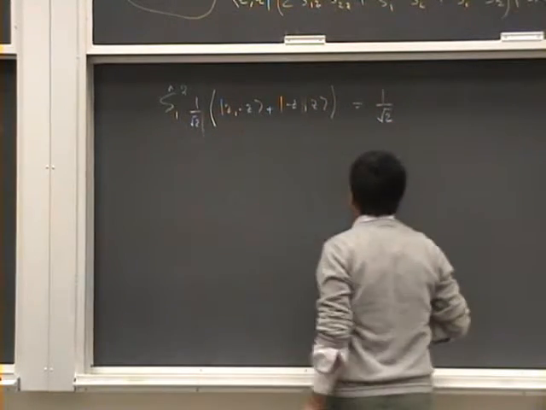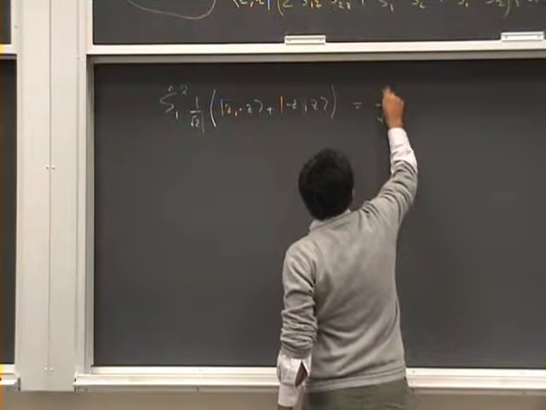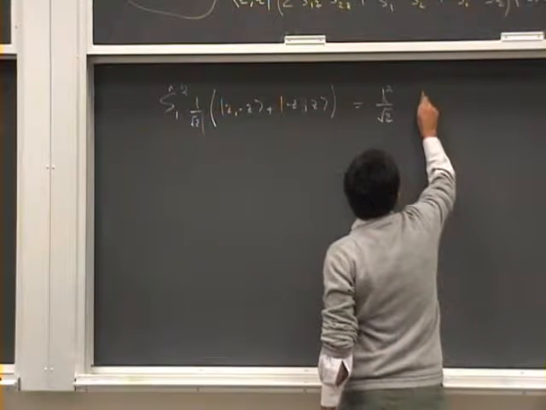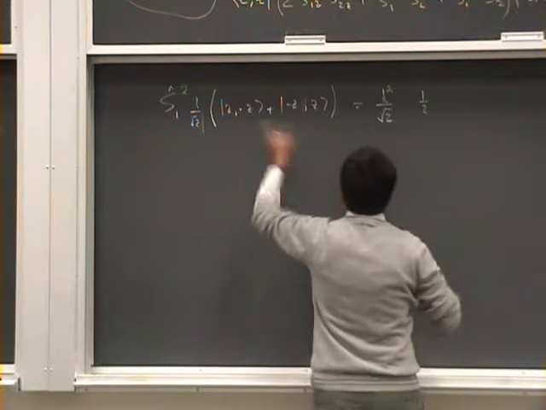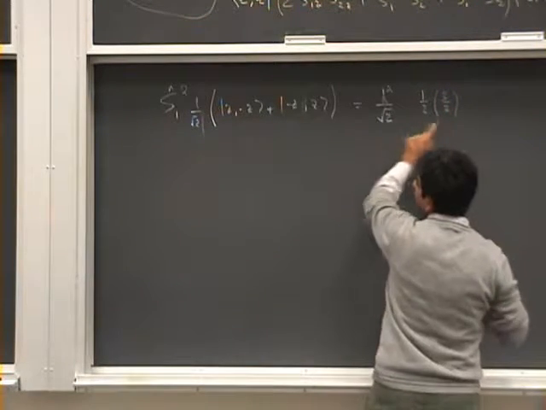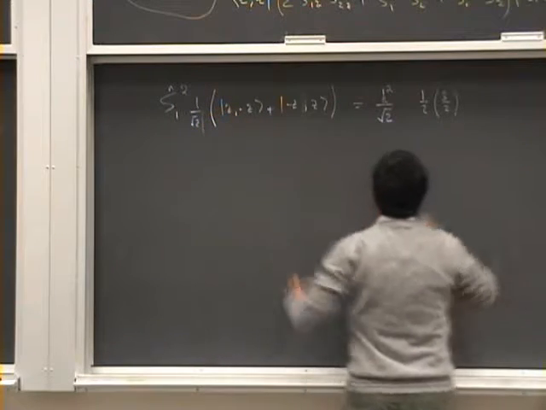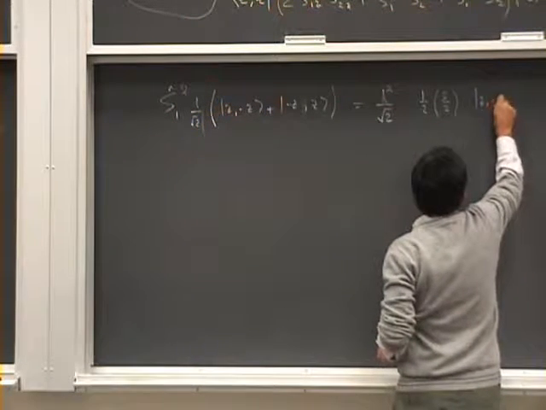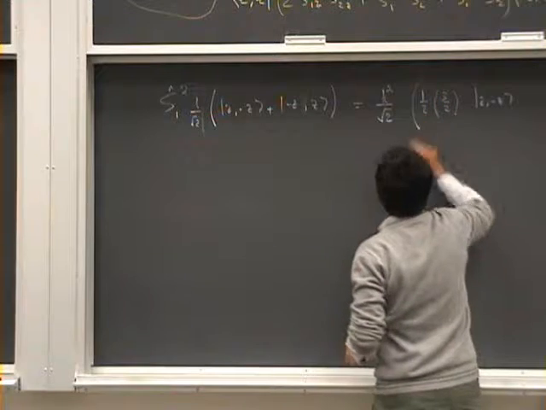S1 squared acting on this gives me h bar squared half into half plus 1, which is 3 by 2, S into S plus 1, just the first thing, on the plus z minus z term.